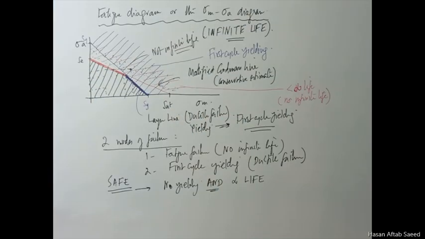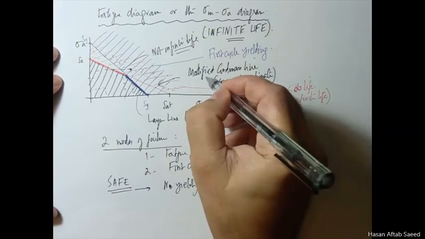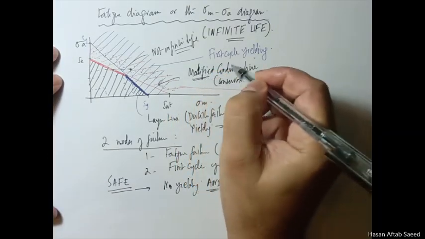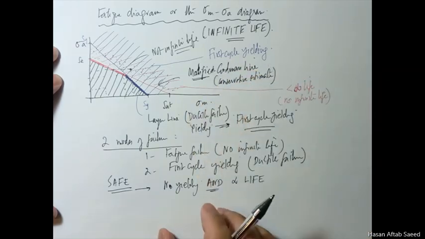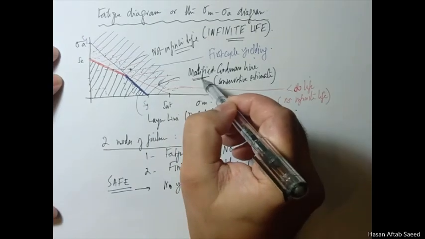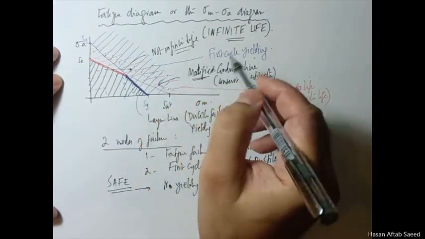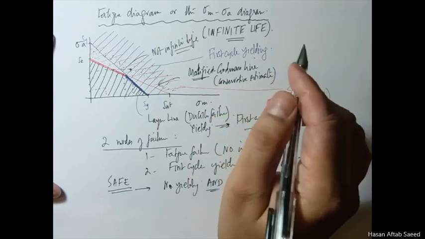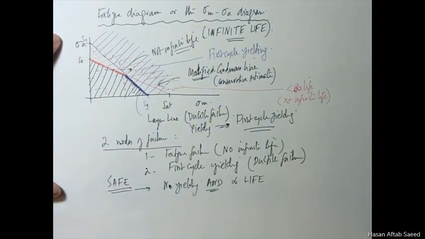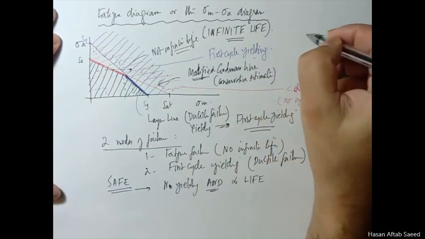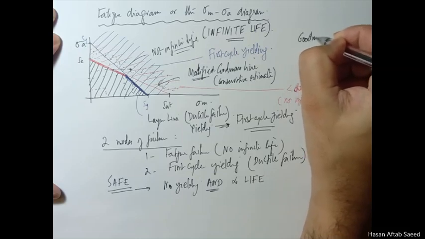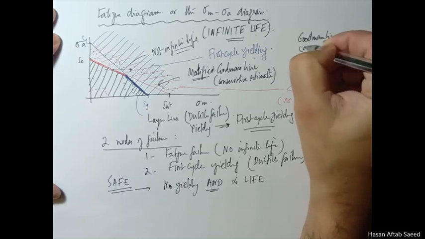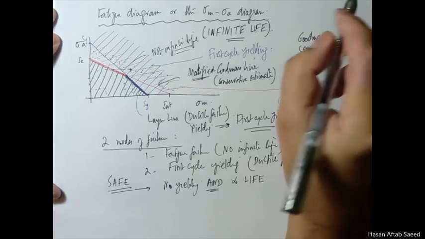A point to clarify here is why the word modified is appended to this Goodman line. Why is it called the modified Goodman line? It's one of the most famous terms used in design, and you should make this very clear: the original Goodman line is not used anymore.